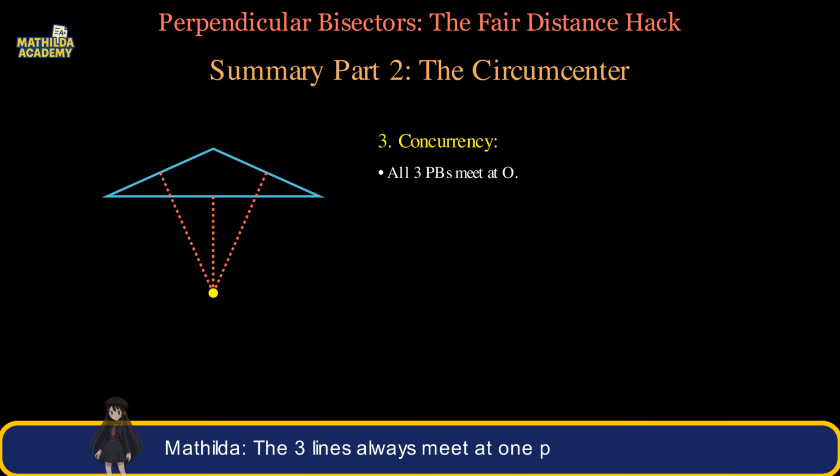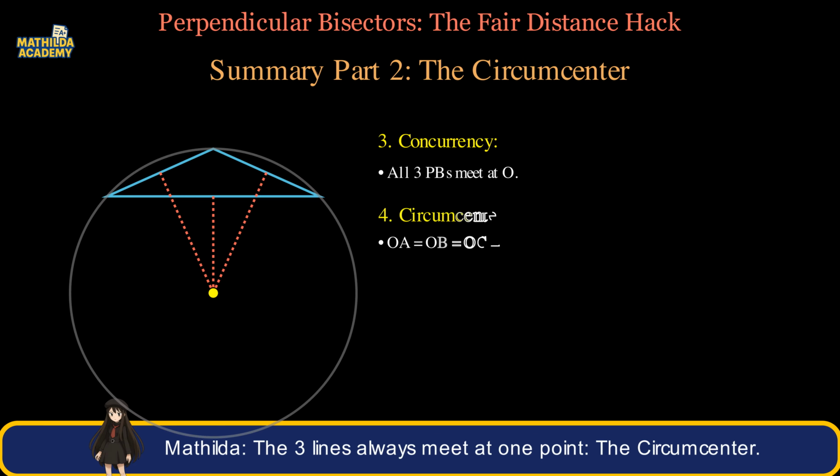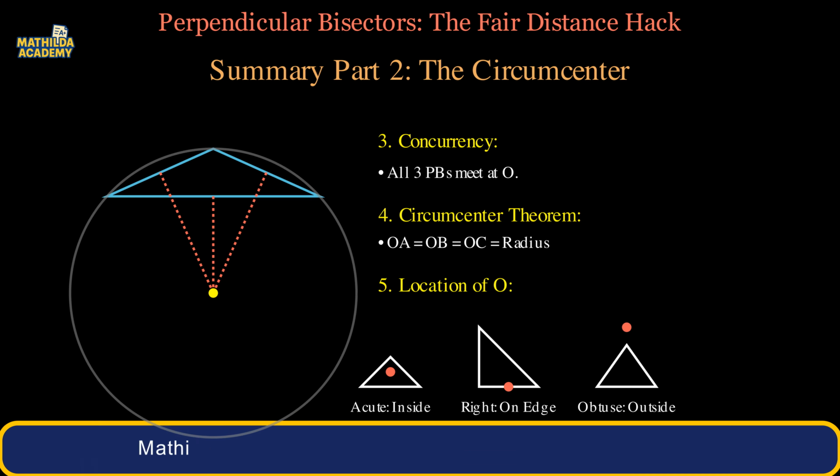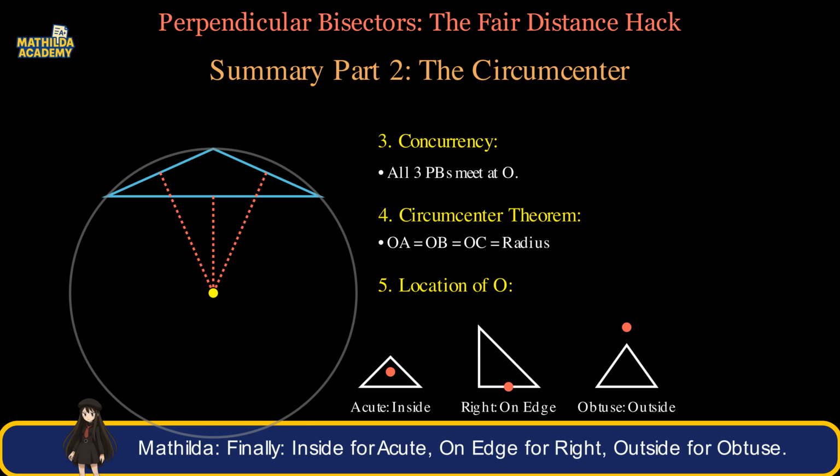The three lines always meet at one point, the circumcenter. This point O is equidistant from all corners. Finally, inside for acute, on edge for right, outside for obtuse.